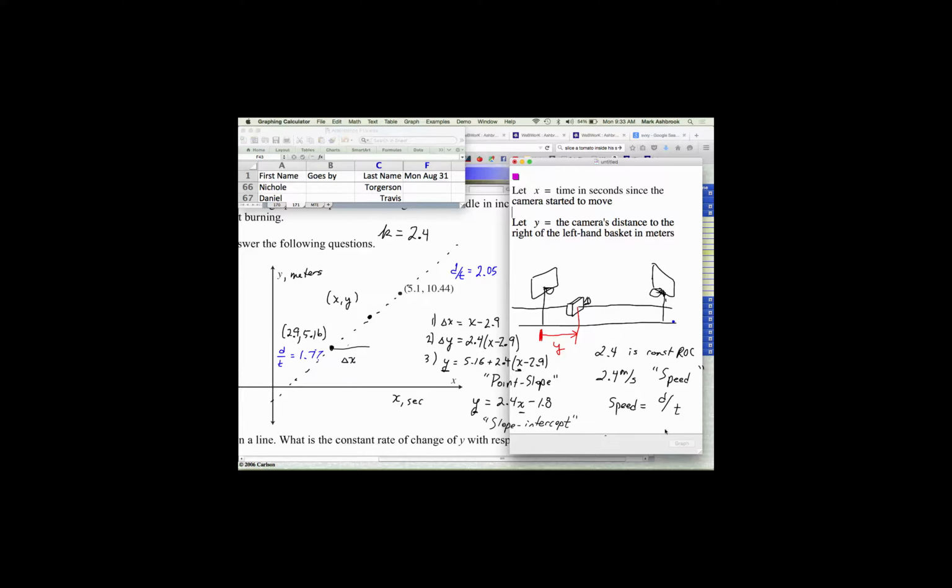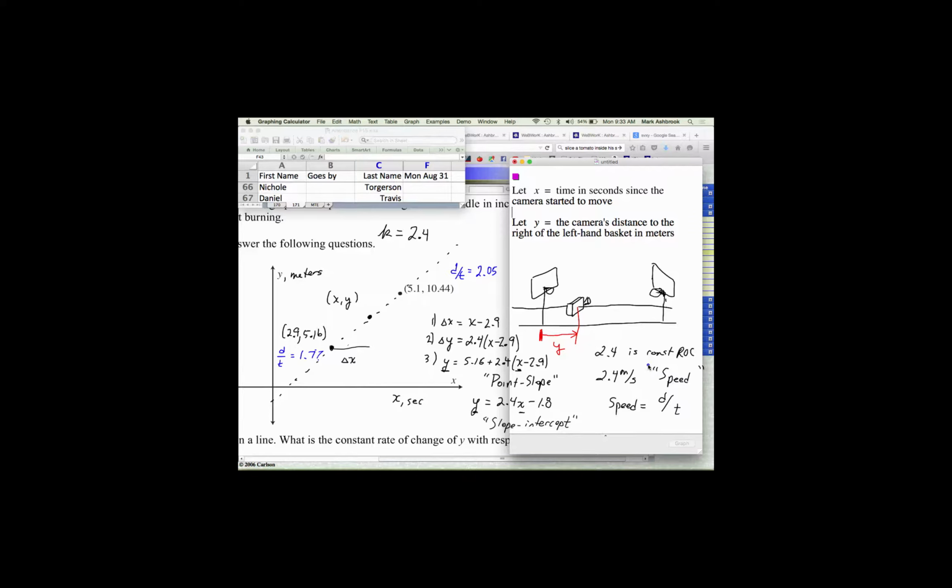So where did we go wrong in this analysis? Yeah. Distance over time is just like the value, and 2.4 is like the change in the numbers. Okay, she's talking about when we did this 2.4 meters per second, is that distance over time? We want to be very precise here. It's a change in distance over a change in time.